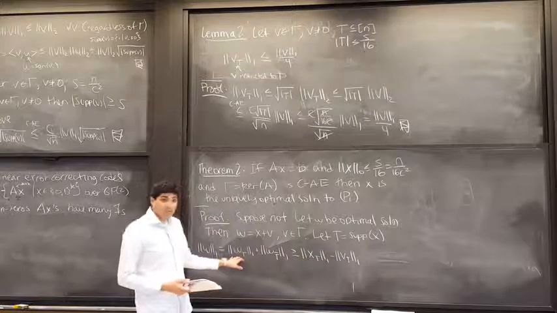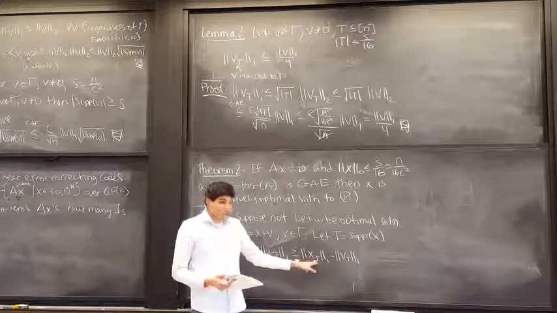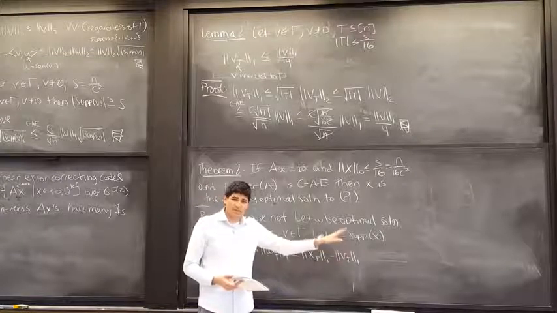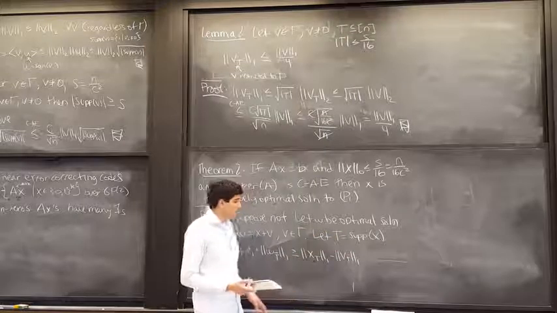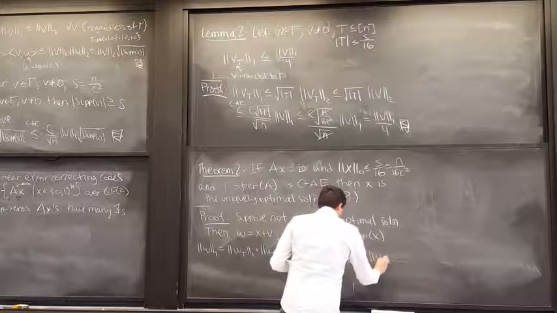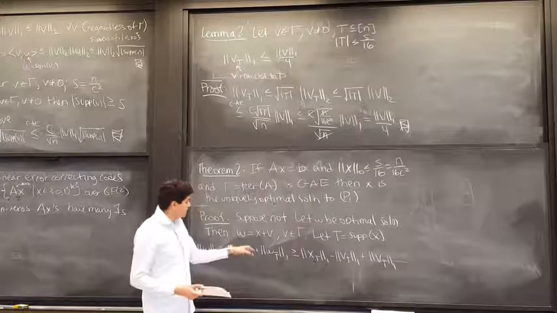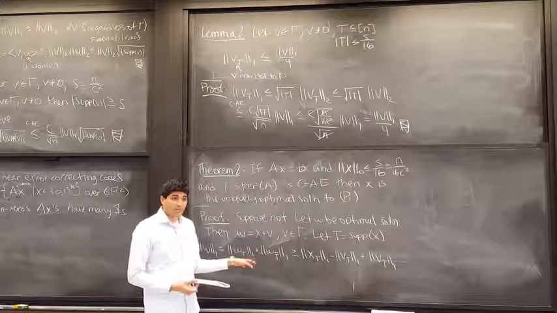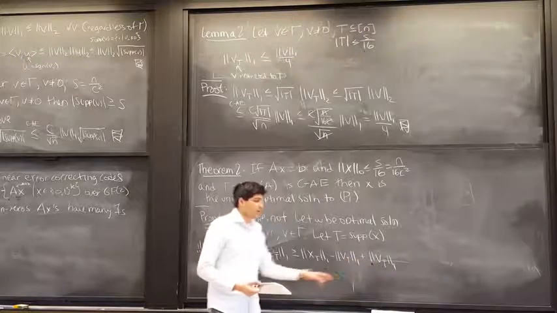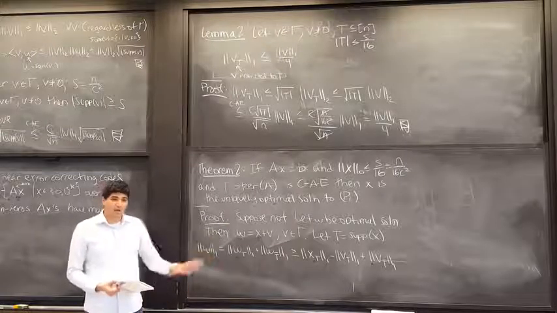So the contribution from the T part, the L1 norm of WT, worst case, we get the L1 norm of XT minus the L1 norm of VT, because V just happens to reduce all along the places where X was large. But we also get a contribution from T complement, because on T complement, X is 0 just by construction, whereas V is non-zero. So that's something that cannot be compensated for. It really does contribute to the L1 norm of W. So this is the key inequality.